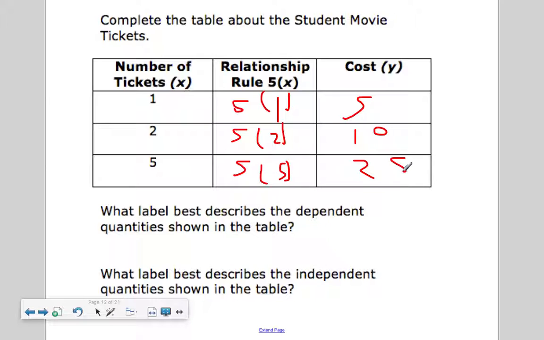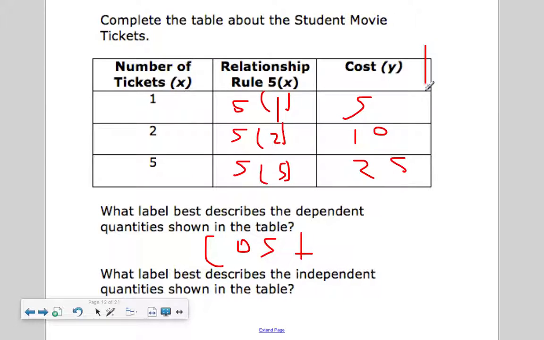So which label best describes the dependent? Does the cost depend on the number of tickets, or does the number of tickets depend on the cost? The cost is the response. While if you manipulate or change the tickets, the cost will respond to it.